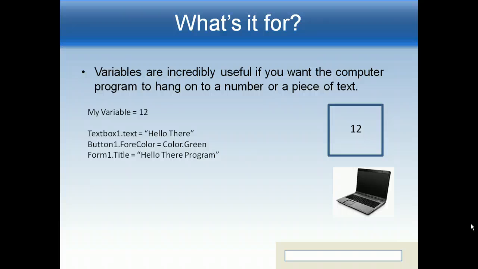And meanwhile, that 12 is still stored in my variable. It's still in that box. And so if I was to call another piece of code like textbox.text equals my variable, then the computer can say, okay, I know that variable is in that box. I left it there before, and so I can put it right in the text box like that. So variables are good for if we want to hang on to something and then go do something else and then come back to that original something. We've got these little storage spaces called variables.